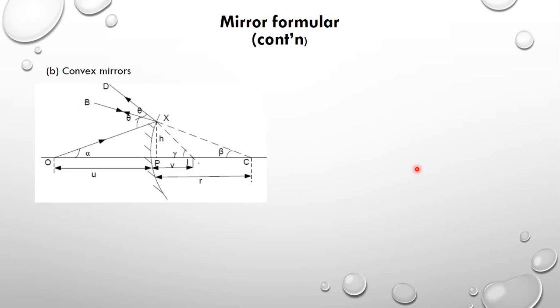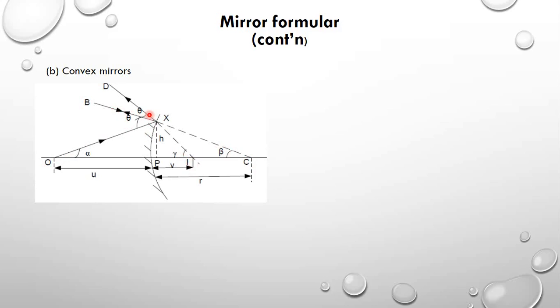For the convex mirror, we shall also have this same procedure. Alpha will be the angle subtended by the object, gamma the angle subtended by the image, and beta the angle subtended by the normal through C. So a ray from this point object O is going to be reflected, and then appear to come from here, and that's where the image is going to be, and then this is going to be the normal.